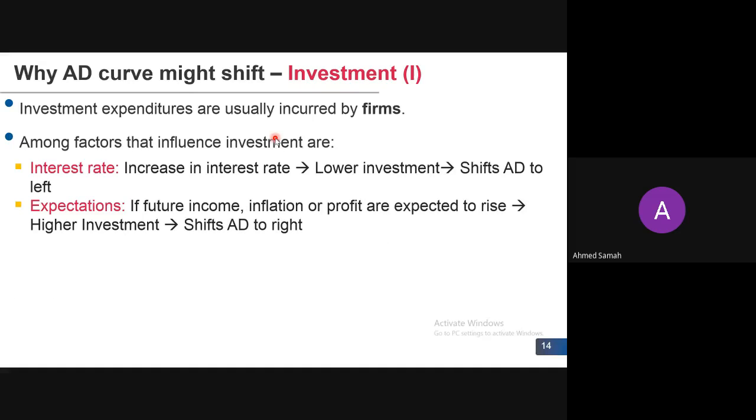Then again, there are expectation-related shifts. For example, if a firm expects its revenue or profit to increase in the future, then it will invest more now, leading to a shift in the aggregate demand curve to the right, similar to consumers and consumption. If expected inflation is to rise, then they will invest more now, since prices will be higher later.